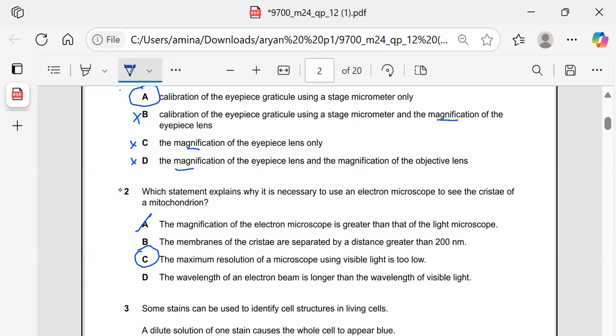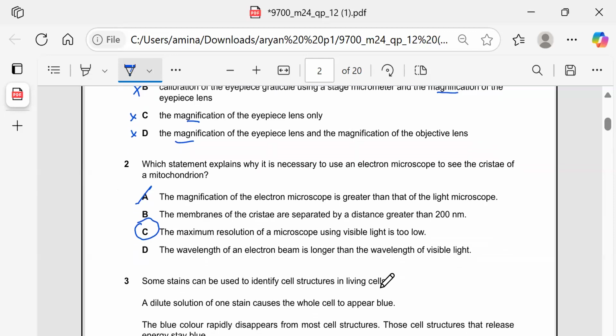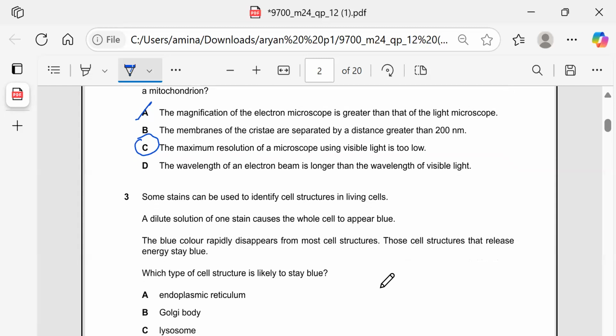The wavelength of the electron beam is shorter than the wavelength of visible light. Okay. So the answer over here is C. I'm going for question number 3 now.